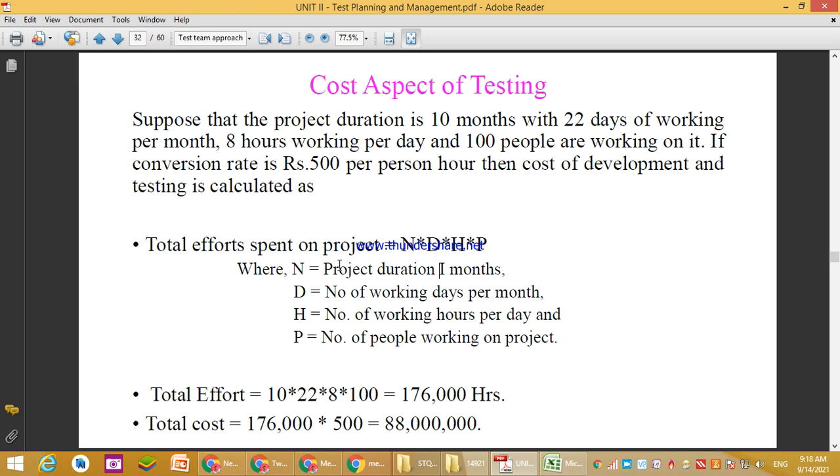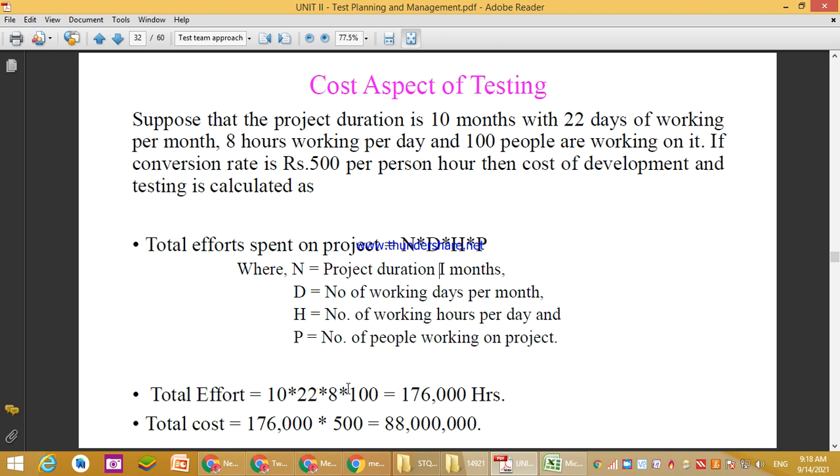How many hours the particular testing team spent on testing? Here N is equal to 10, 10 months, right? Then 22 means the number of working days per month. In this example, the testing team is working 22 days in a month.